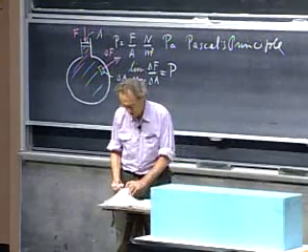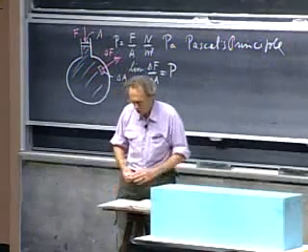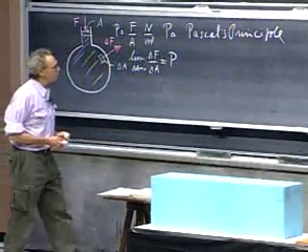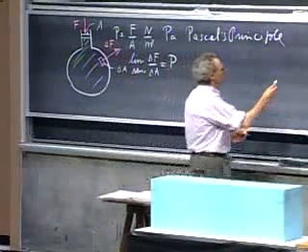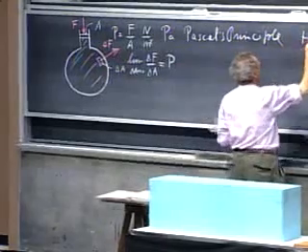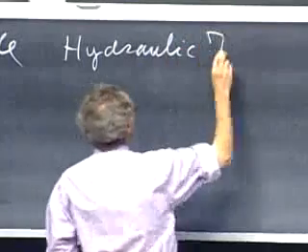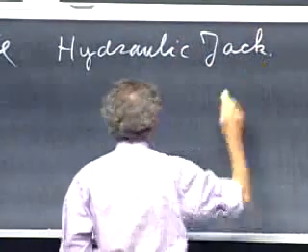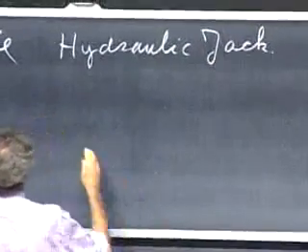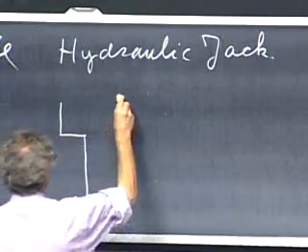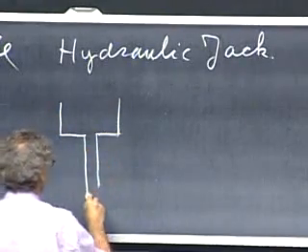This has some truly amazing consequences, which are by no means so intuitive. And this is the idea of a hydraulic jack. I have here a vessel which has a very peculiar shape.